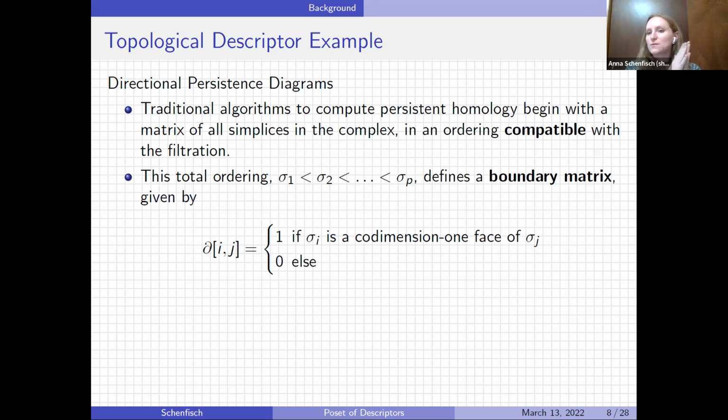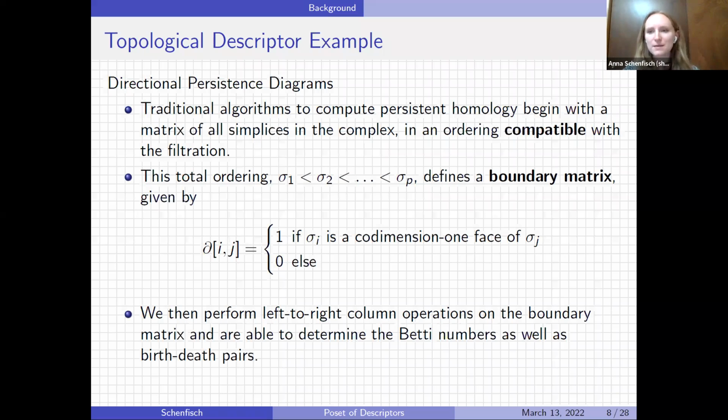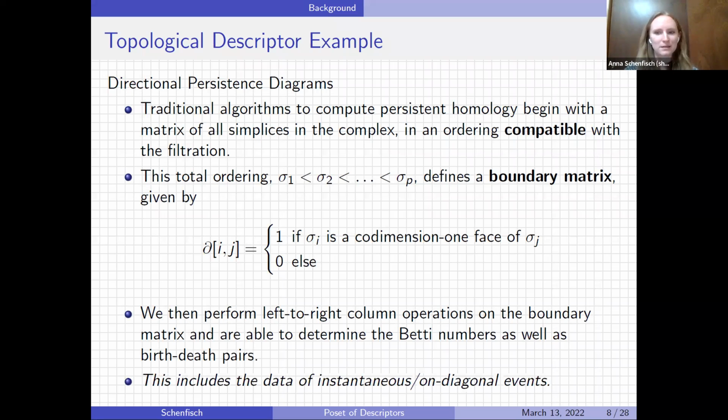The index filtration is just stepping out the underlying filtration simplex by simplex. Only a single simplex is added at a time. From there, we get the boundary matrix, which tells us the face-coface relations of codimension 1. Then we can reduce that matrix, and the output of this algorithm is the Betti numbers and all the birth-death pairings. What this includes are these on-diagonal points, these instantaneous events.